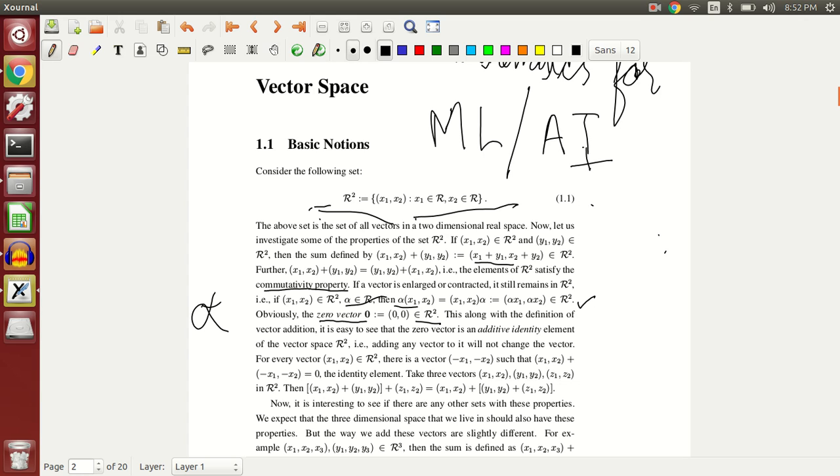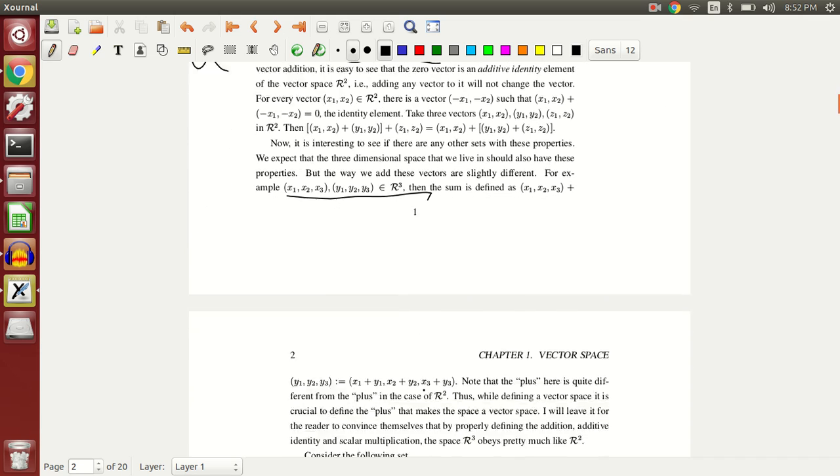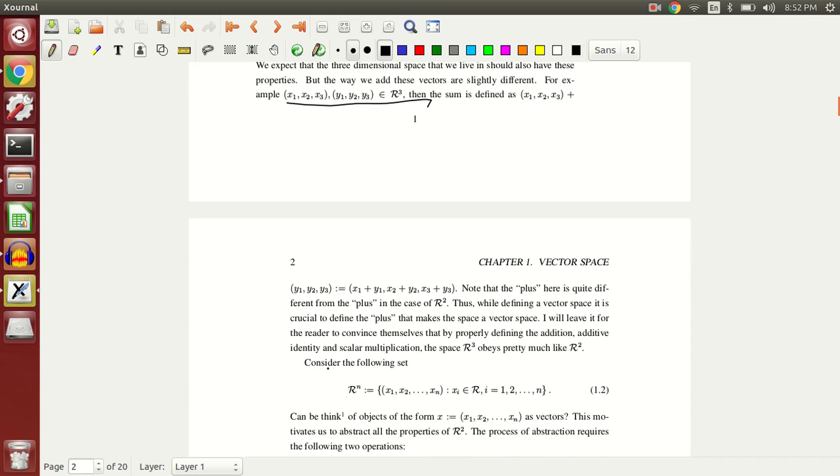Once you're through with that, we now try to prove all the properties that we proved for R2 for R3. So basically additivity: you can add a couple of vectors, and the sum of vectors in R3 is still part of R3.